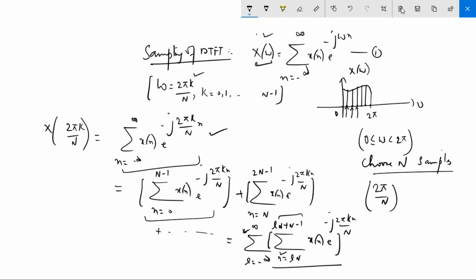So for l is equal to 0 in the outer summation, you are getting this series, the first n terms. Then if you put l is equal to 1, you are getting the next n terms, n to 2n minus 1, and so on. Okay, so we have now x of 2 pi k by n.